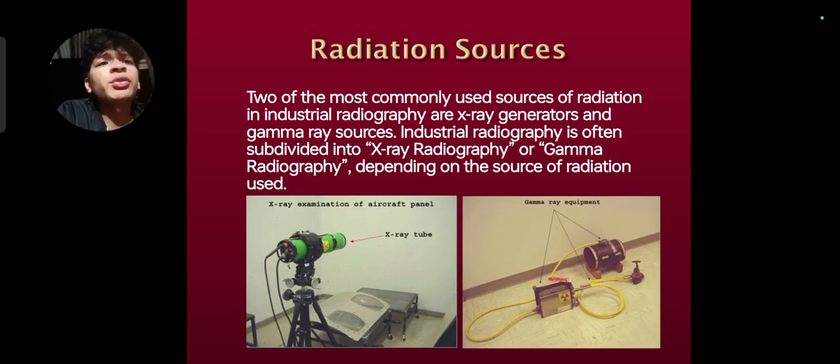Now, radiation sources. As I said earlier, there are two types of radiation we get through this testing. First is X-ray radiography, and the second is gamma radiography. In the image, the left one is X-ray radiography, and the right one is gamma radiography.